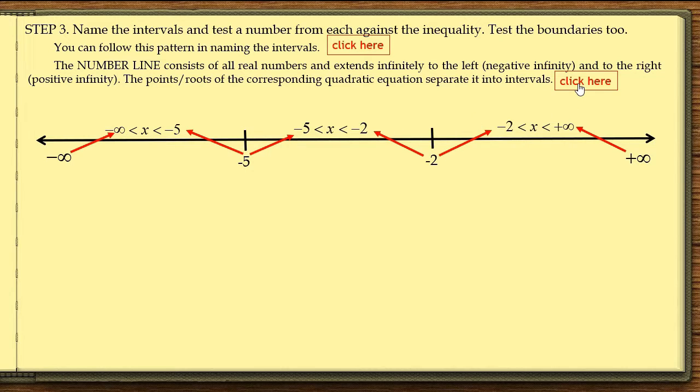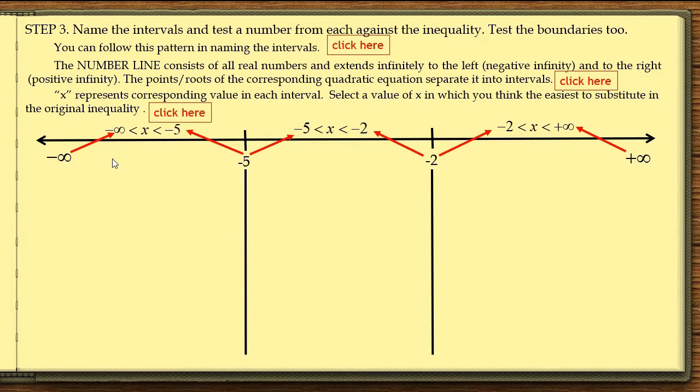The number line consists of all real numbers and extends infinitely to the left and to the right. The points or roots of the corresponding quadratic equation separate it into intervals. x represents the corresponding value in each interval. It represents all the numbers in this interval.